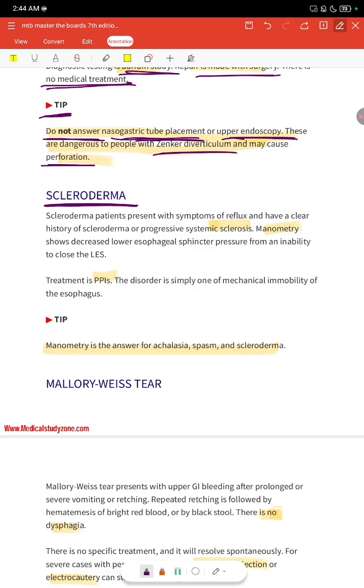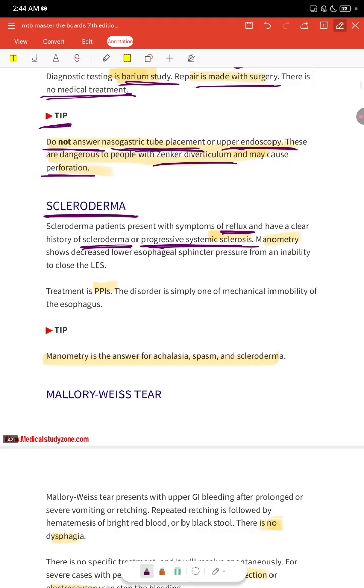Scleroderma. Scleroderma patients present with symptoms of reflux and have a clear history of scleroderma or progressive systemic sclerosis. So these are skin conditions that we will discuss in the dermatology section in detail.